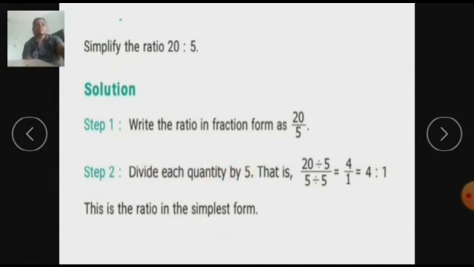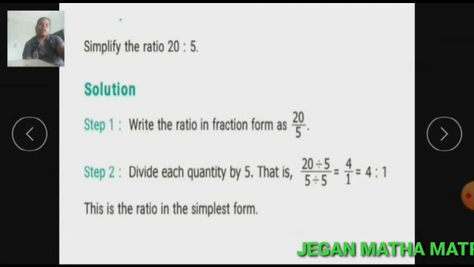That means numerator 20 is divided by 5 and the denominator is divided by 5. That is 20 divided by 5, the whole divided by 5 divided by 5, equal to 4 by 1. 4 by 1 is the fraction form.